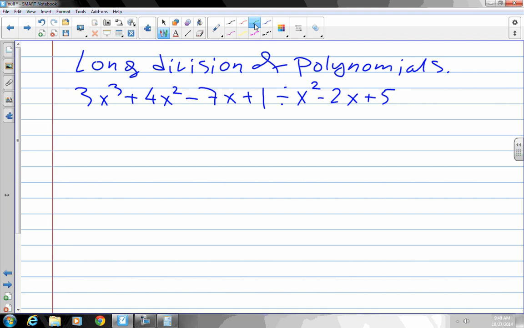So again, this thing right here is the dividend. This thing right there is the divisor.